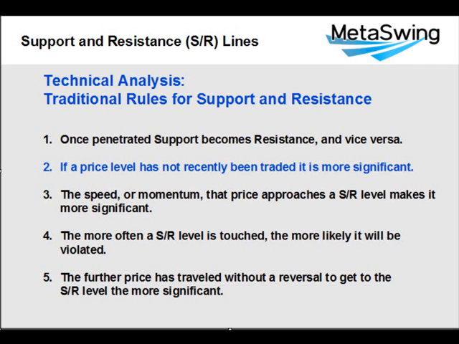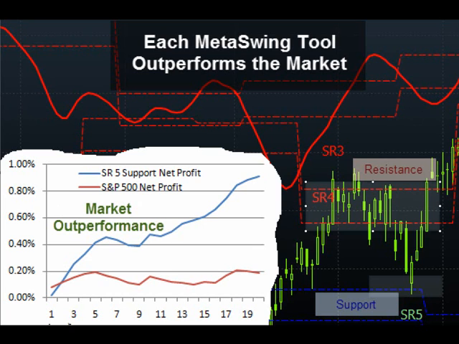In conclusion, here's a summary of the support and resistance rules that we have just discussed. This slide quickly shows that using statistically valid backtesting and using best practices, over an 8-year market neutral time period that covers both 2 bull markets and 2 bear markets, and using the S&P 500 components and additionally removing survivorship bias from that data, these support resistance levels demonstrate not only strong outperformance, but they're statistically valid support and resistance.